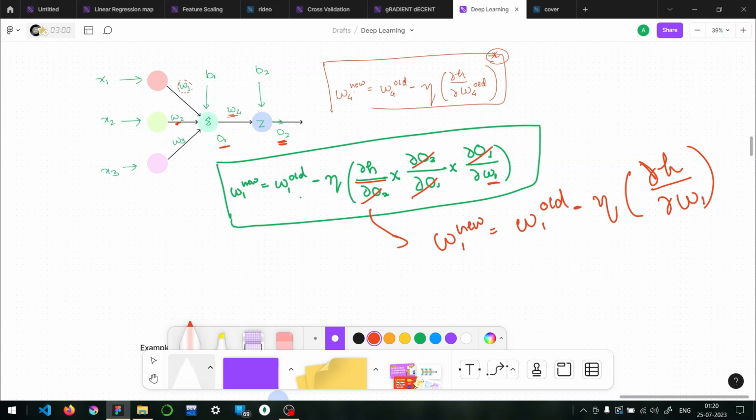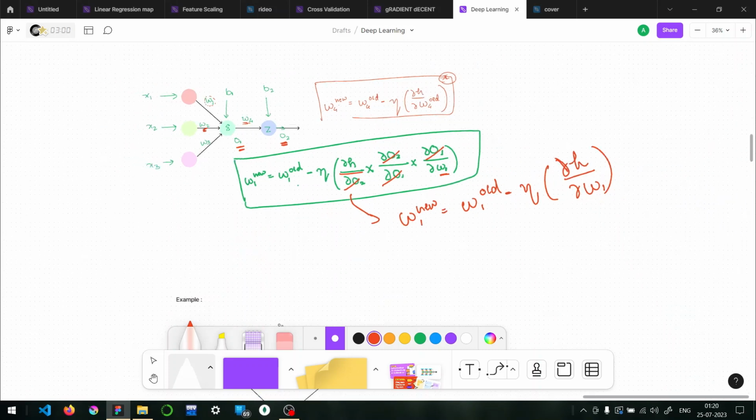Then going in the previous direction, the next output you received was O1. The first one was O2, then after that was O1. Then after that comes the weight part.